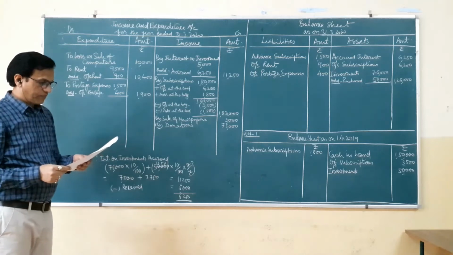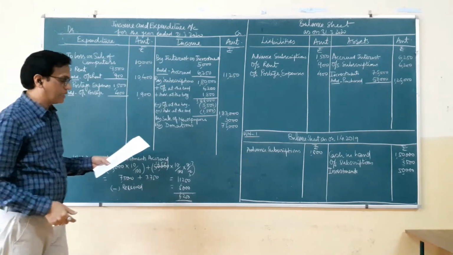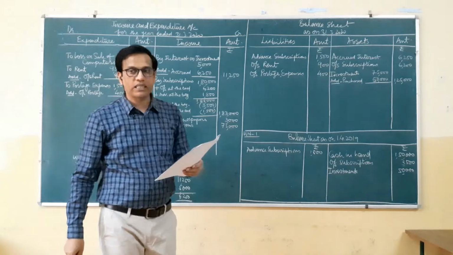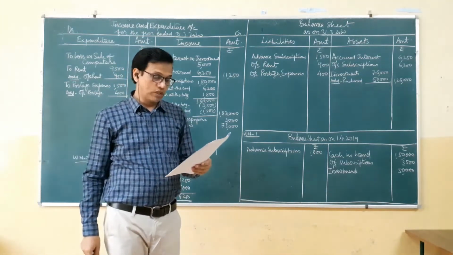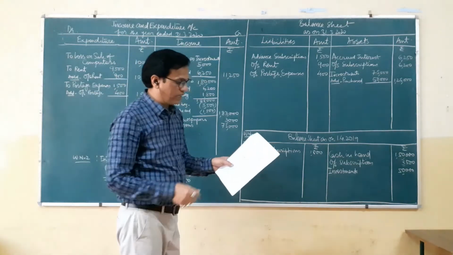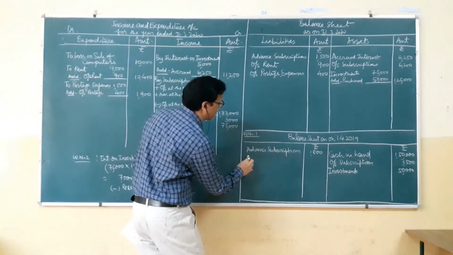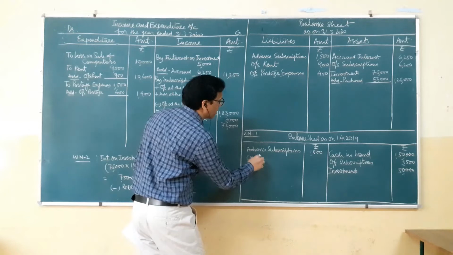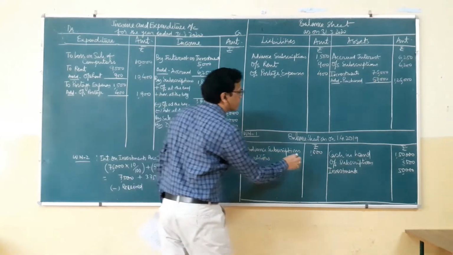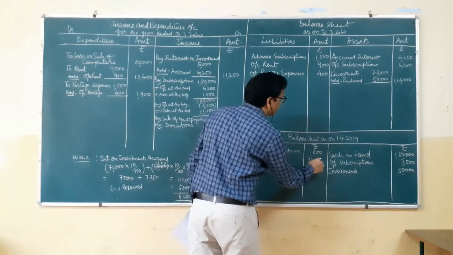Then next item is by payment to creditors. Creditors have been paid 3,500 rupees. So creditors in the beginning they are given here. 5th point, creditors on 31st March 2019 were 75,000. Here we write creditors, opening balance sheet first. Previous year's creditors, we write 75,000.